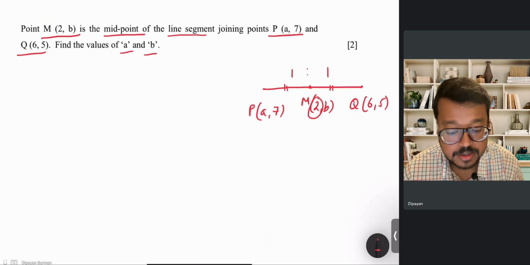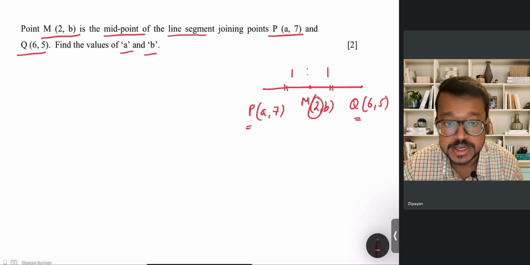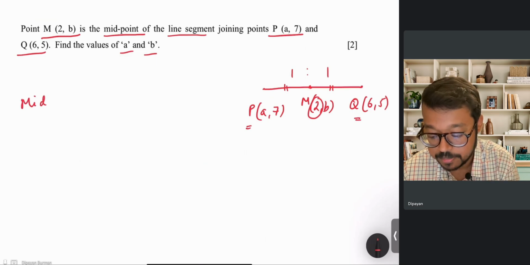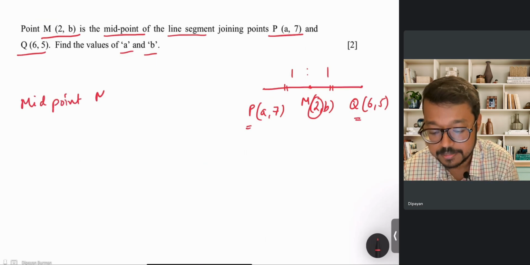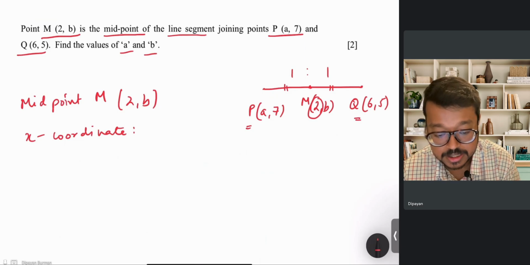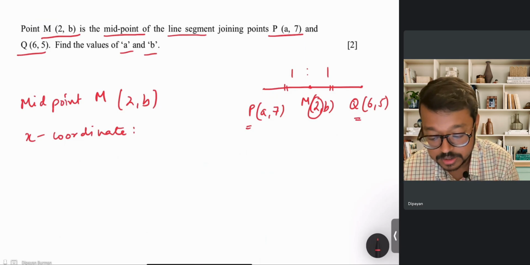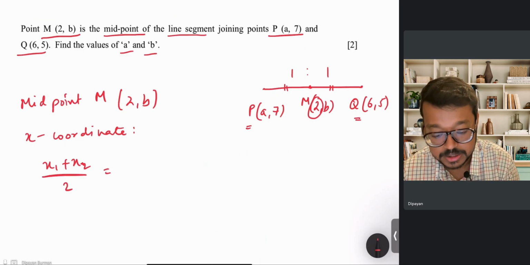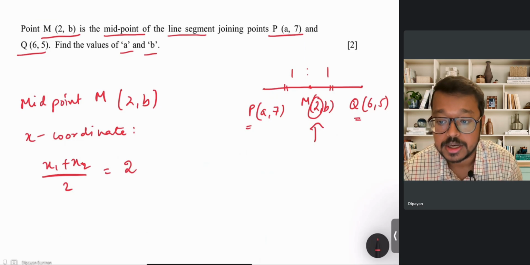The endpoints are P and Q. So if I look at the x coordinate, I am expecting that (x1 plus x2) by 2 will give me the x coordinate. So that should be equal to the x coordinate which I see, 2, for the midpoint M.